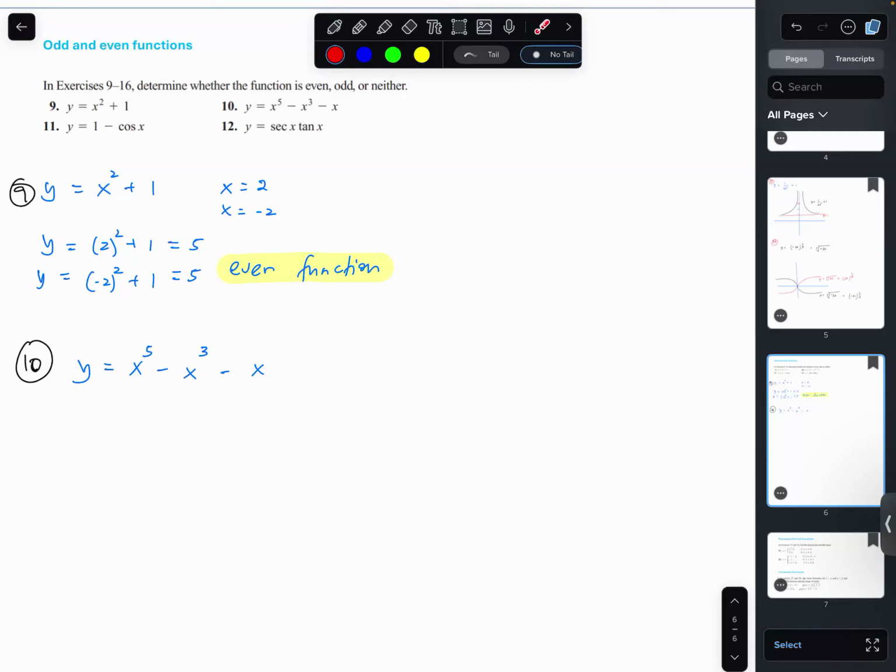If you wish, you can check it by selecting some values of x, for example x equals 1 and minus 1, and you can see that this will be an odd function. We don't have to do that here. Just by looking at the powers, we can see that this is an odd function.